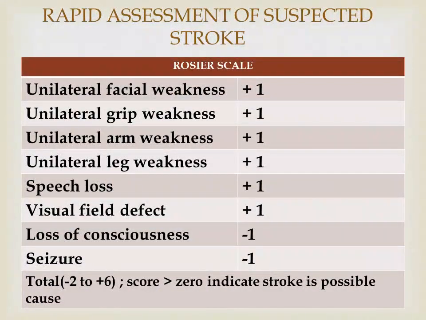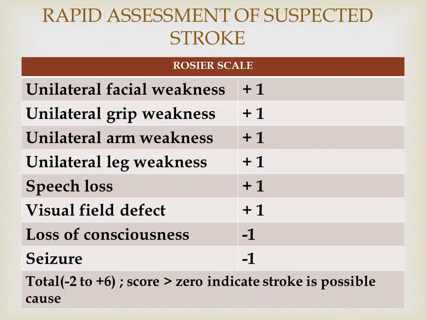If you are in the casualty and you want to see whether the patient has a stroke or not, please follow this very easy and rapid assessment of suspected stroke, which gives a score: one point for each of unilateral facial weakness, unilateral grip weakness, unilateral arm weakness, unilateral leg weakness, speech loss, visual field defect, and also ask about loss of consciousness and seizure, which usually take a -1 score.